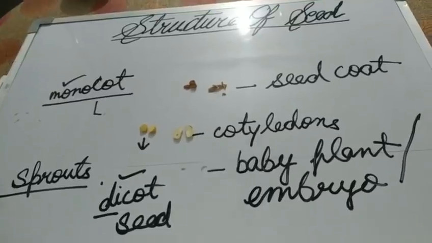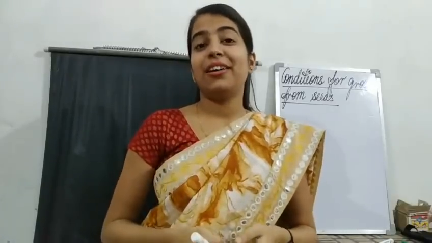So students, I hope the structure is much clearer to you through that demonstration. Get the seeds, gram and kidney beans or moong if you have, soak them overnight, and the next morning you can perform the experiment by yourself.